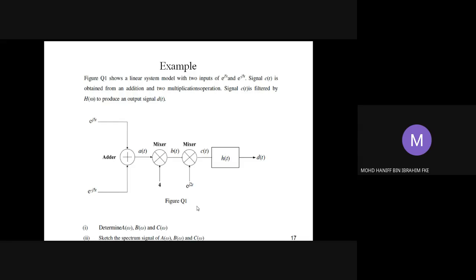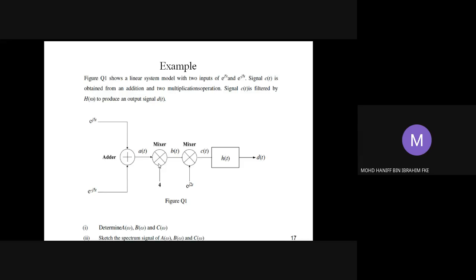We have a system in this example where we have two inputs, which are e^(j5t) and e^(-j5t). The signals are added and it produces a(t). a(t) will be mixed. The mixer basically is a multiplier. So when we see this sign, basically this is a multiplication between two signals.